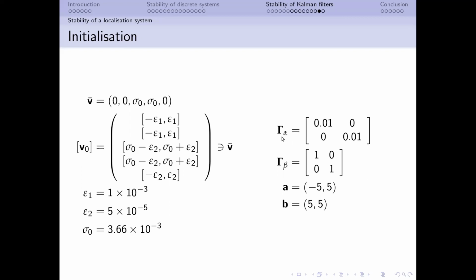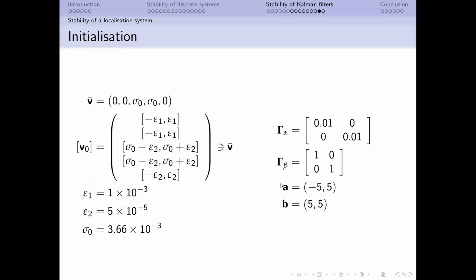And we can also choose the covariance matrices for the process noise and the sensor noise, chosen as written here. So we try to take values that are meaningful. It's meaningful to take, say, 1 centimeter precision for a process noise and 1 meter precision for a sensor noise.